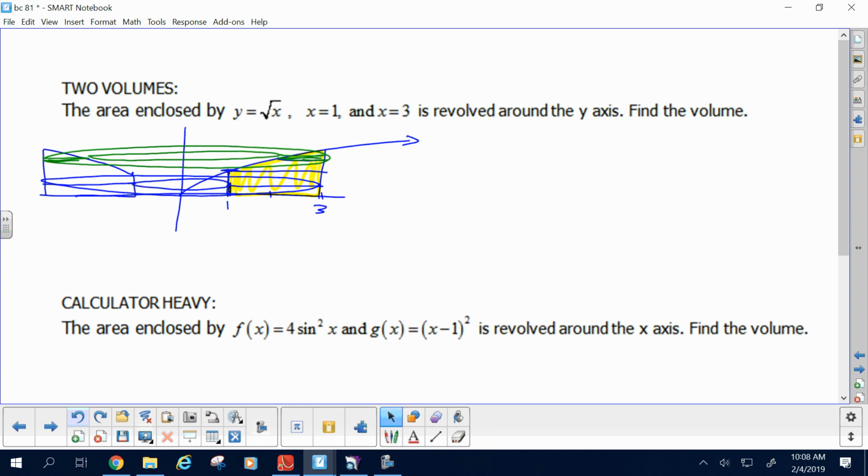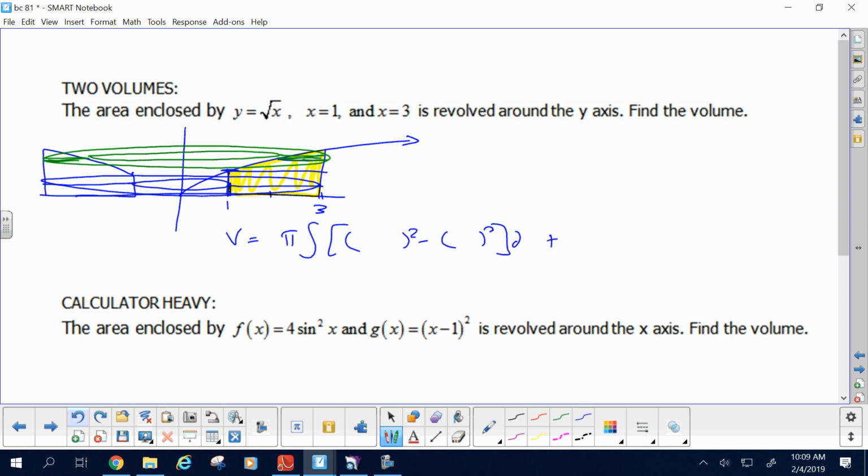Because you have two different regions, then you need two integrals. Will I be using dx or dy here? If I'm around the y-axis, it's dy, yeah?